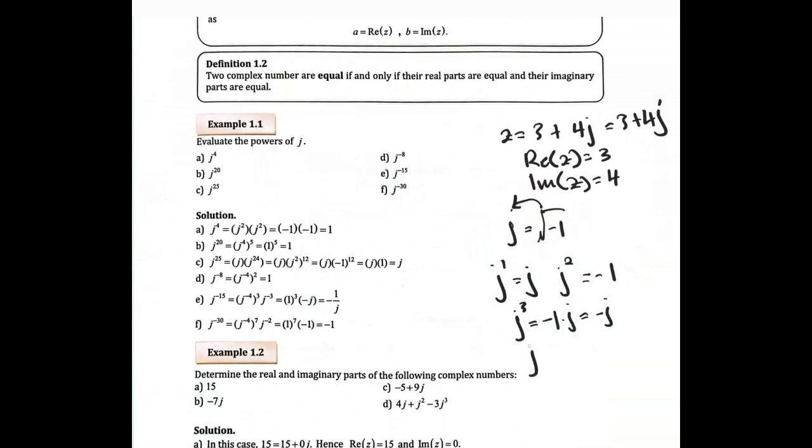And we have j to the power of 4, which is j squared times j squared, which is equal to negative 1 times negative 1, which is equal to 1.